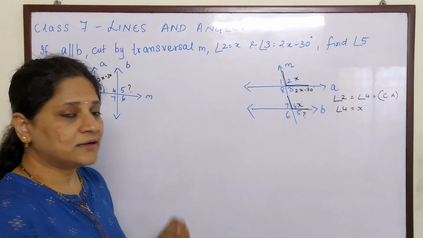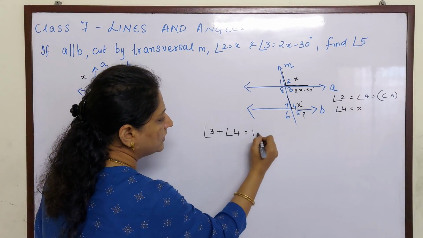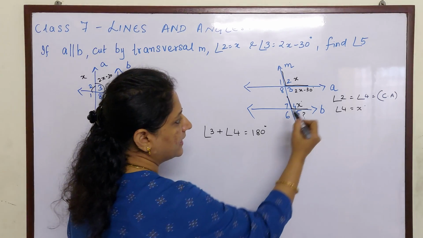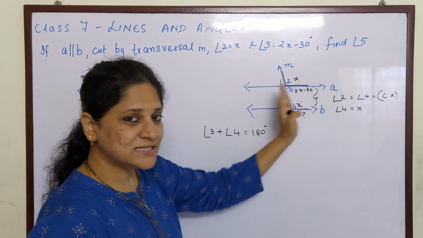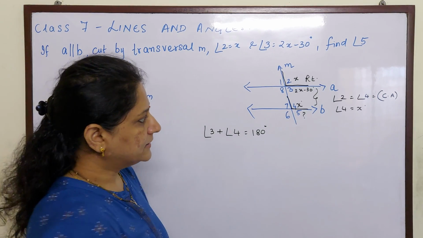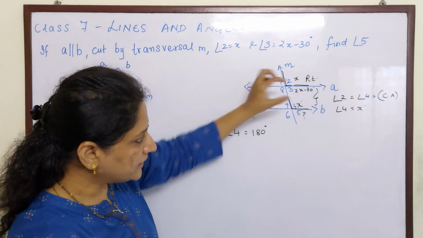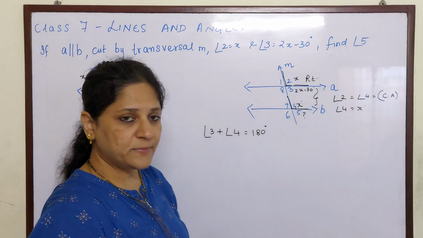Now what is angle 3 plus angle 4? Angle 3 plus angle 4 will give me 180. What is the reason, children? Yes, that they are interior angles lying on the same side of the transversal, that is the right side. They are interior angles lying between line A and line B. So interior angles on the same side of the transversal is 180 or supplementary.